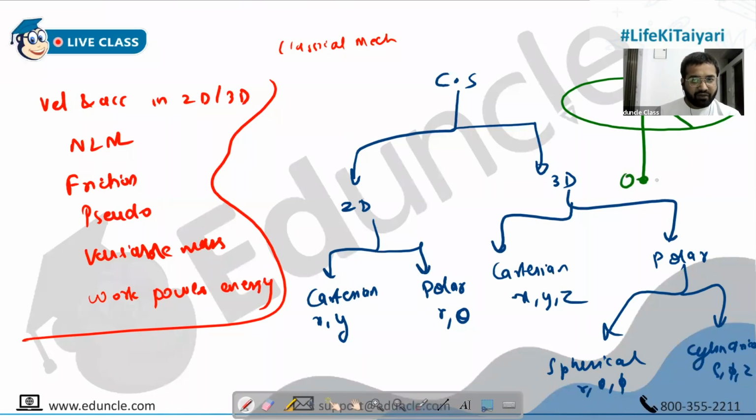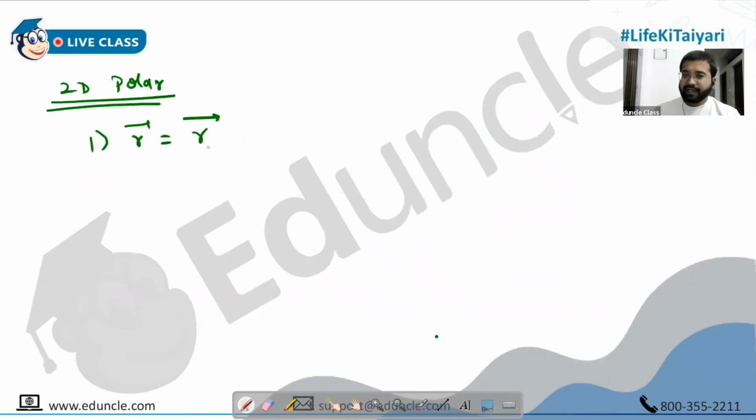And if here you have the origin, then this becomes r. So r and rho are different things in cylindrical. However, in spherical coordinates, in polar coordinates, r is r. R itself is the position vector. Then we can write r vector as r into r cap if you want.